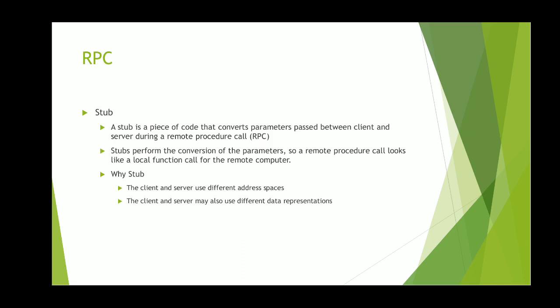Suppose the client is using little endian mode and the server is using big endian mode, and if the conversion between these data representations does not happen, then the remote procedure call cannot be completed successfully. So this conversion between data representations is achieved using the client stub and server stub.